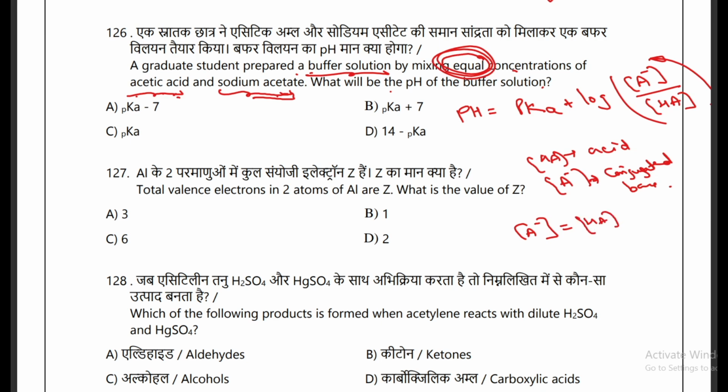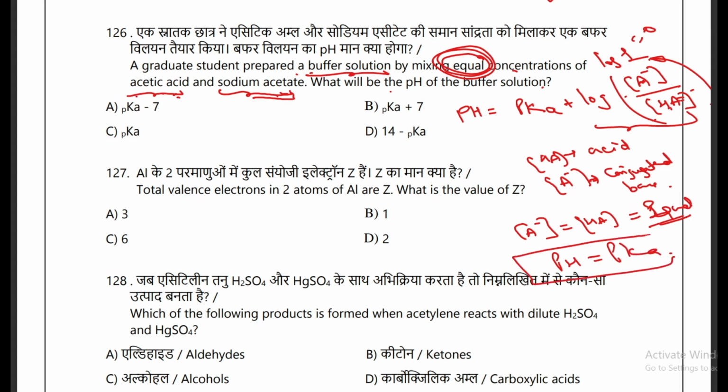You can take its concentration as, suppose, 1, or any concentration which is equal, in that case you can cancel out the numbers because the concentrations are the same. So you will get log 1, and its value is 0, so you will get only pH equal to pKa, and this is in your C option. So C option is your correct answer. Clear?